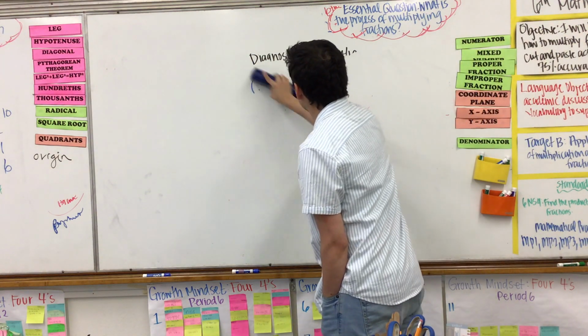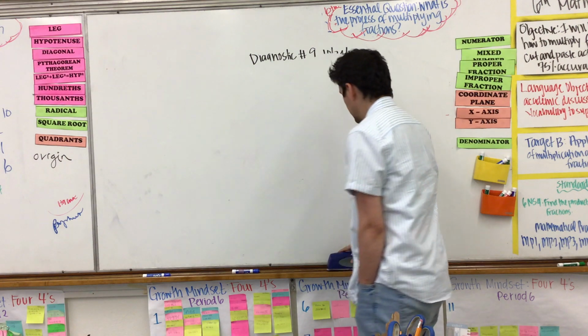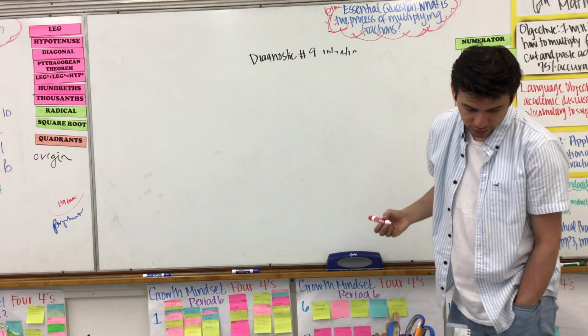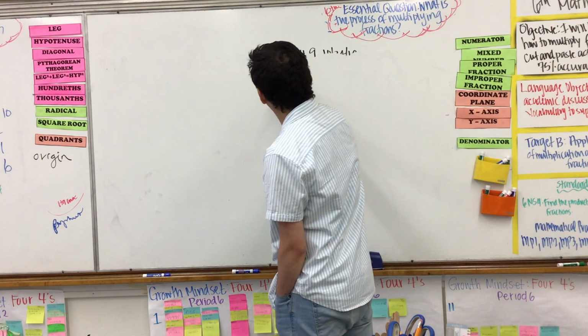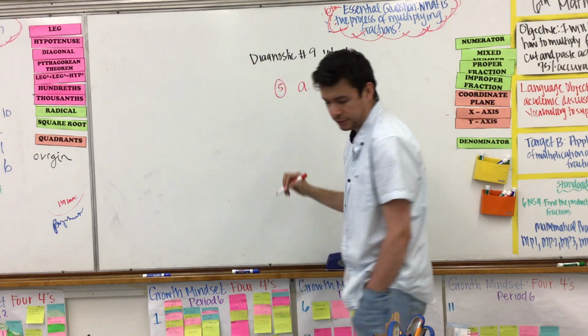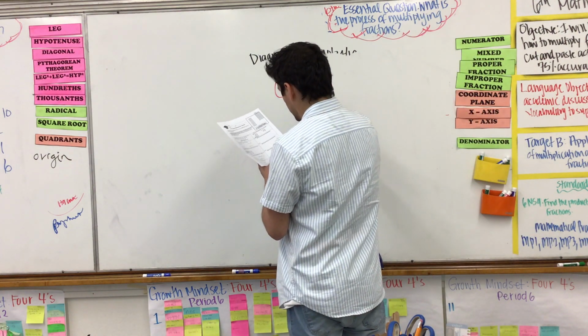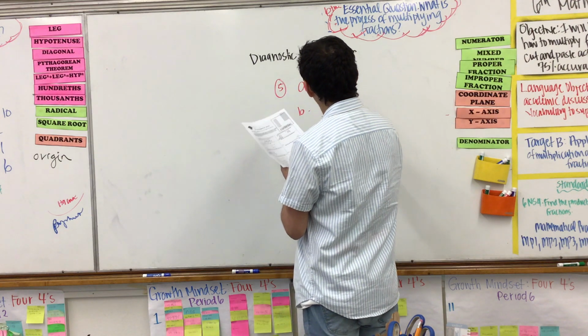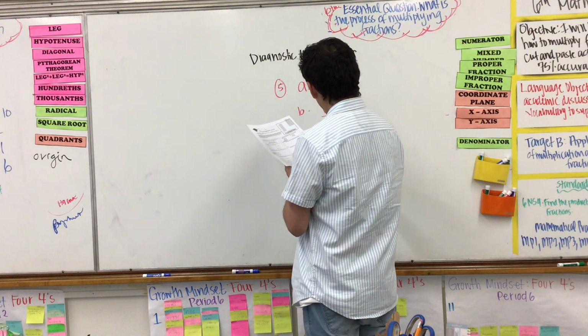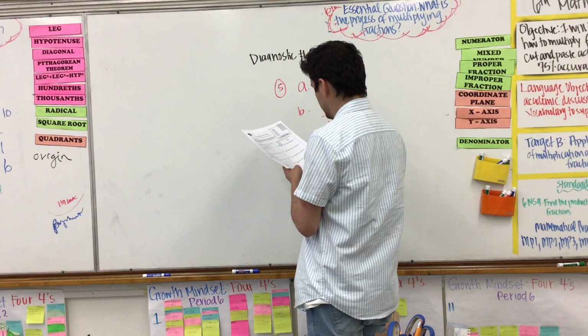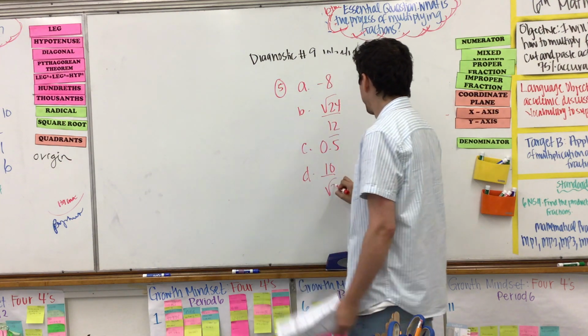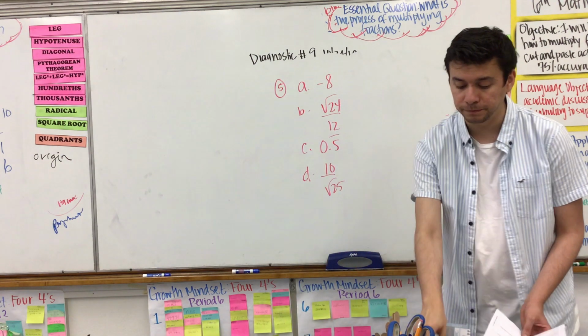Number 5 is next. Rational numbers. Select all of them that are rational numbers. -8, square root of 24 over 12, 5 repeating. Okay. Super easy problem.